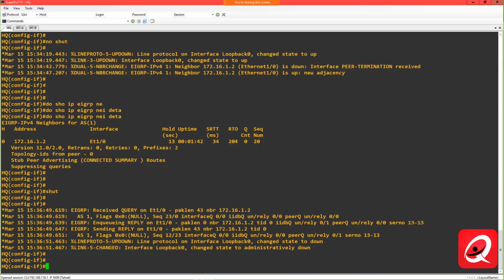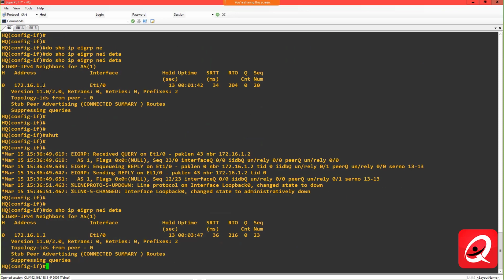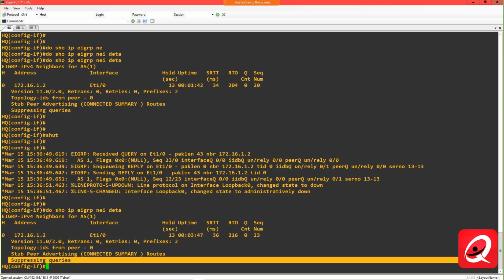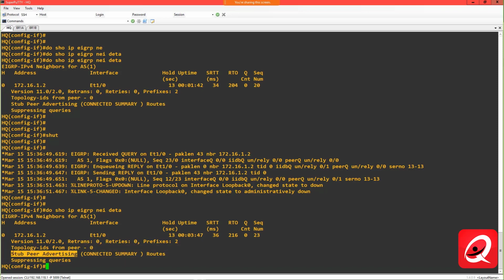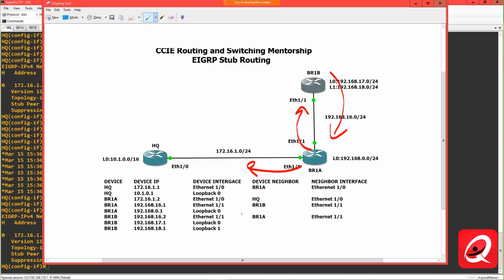You'll notice that when I go to HQ and do a show IP EIGRP neighbor detail, we're suppressing queries to this peer. The peer is advertising itself as a stub router, and then in parentheses here we see this thing called connected and summary. Now let's talk about what that means from the perspective of EIGRP stub configurations.